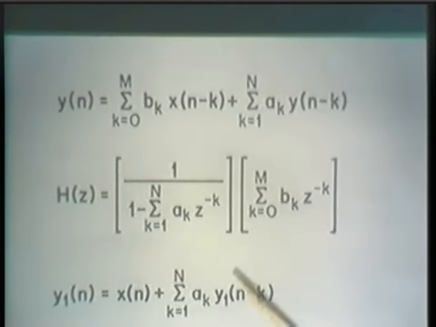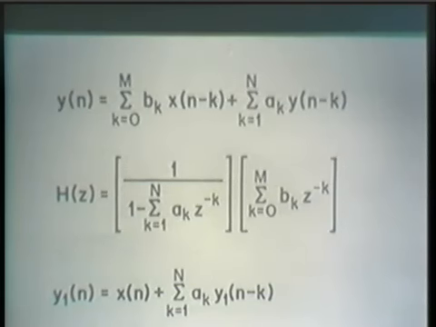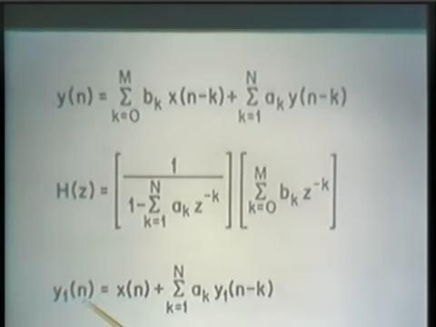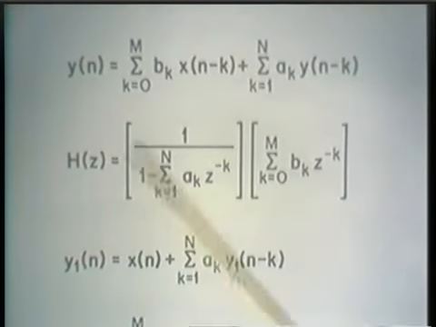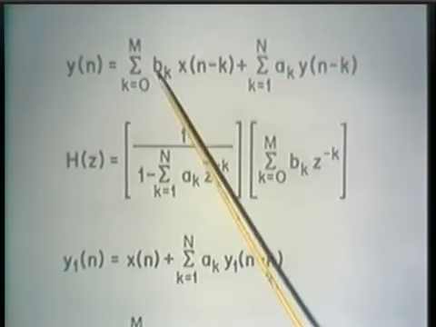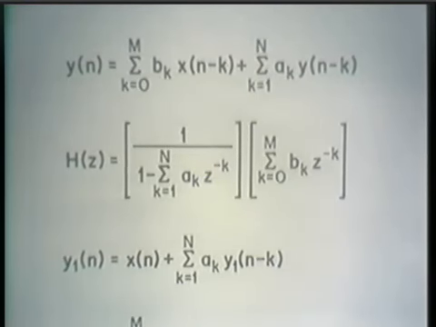To interpret it in terms of the difference equation is slightly more involved, but basically and very quickly what it involves is first implementing the difference equation in which we consider that the input is just x of n rather than a weighted sum of delayed x of n's, to implement the output y1 of n.